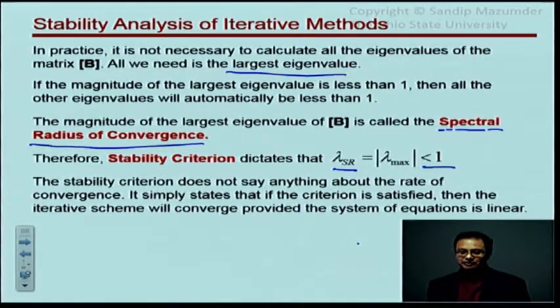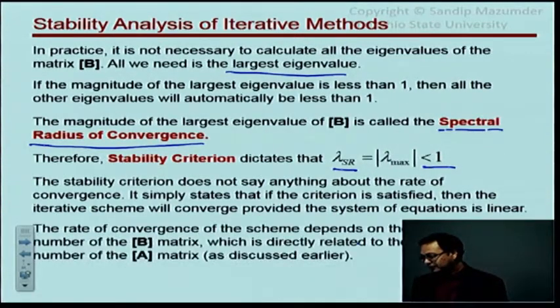It simply tells you that both 0.8 and 0.9 are less than 1, and both will converge. Just because one's eigenvalue is smaller than the other doesn't mean it will converge faster, and we'll get to that in a moment, why that is so. So keep that in mind: don't just compare the spectral radius and say, oh, this is faster than that.